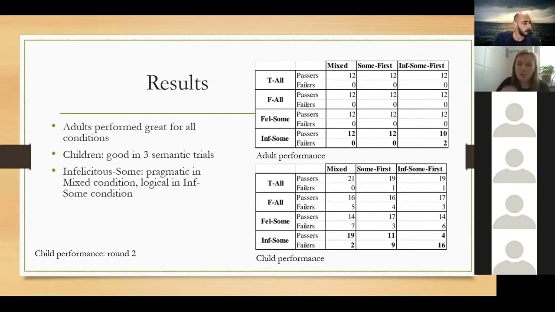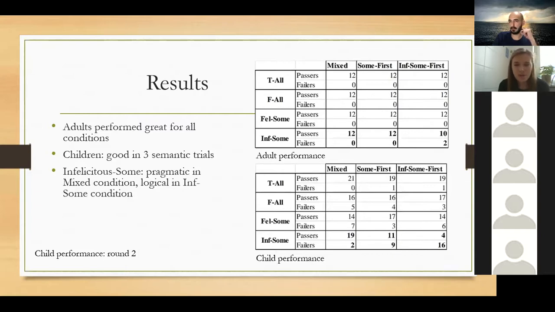As we can see, there are also children who didn't perform that well on the other trials. So on the true all, false all, and felicitous sum trials, there are also some failures. And so they made a second experiment where they excluded the children who had less than 0.75 on the true all, false all, or felicitous sum trial.